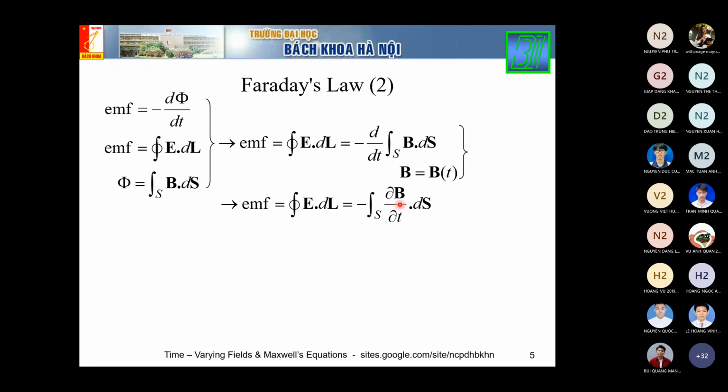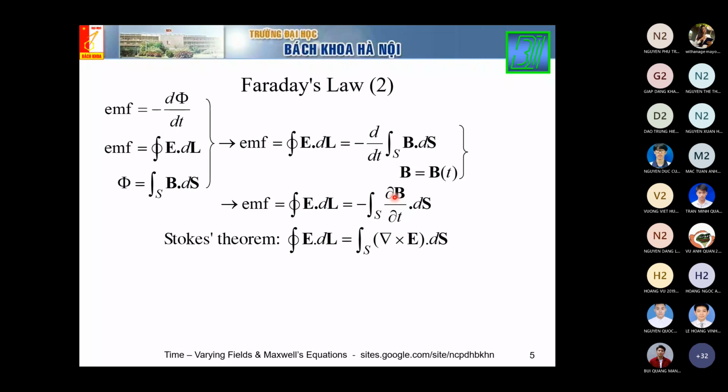All right. So this one is the right side. Now we care about the left side. According to Stokes' theorem, the left side here, which is a line integral, can be changed into a surface integration by taking the rotation of the field under the integration. Okay, in short, we have this.